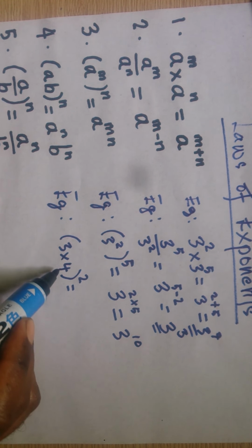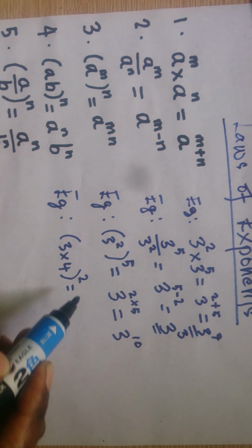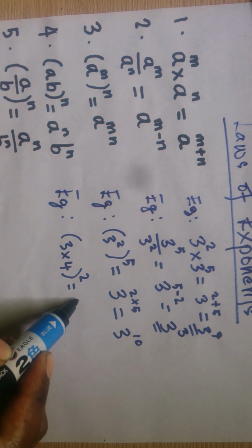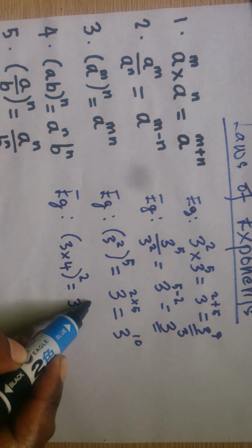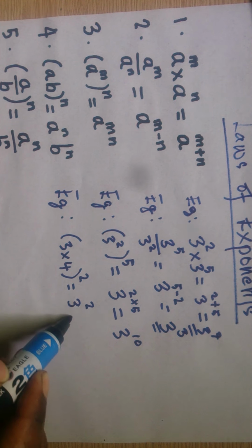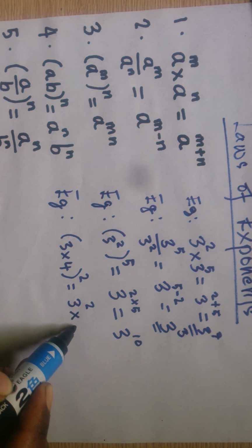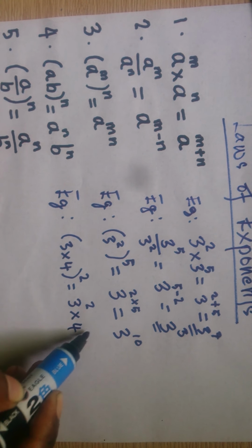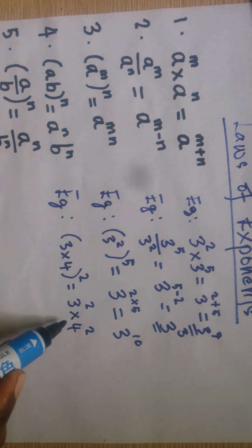So we have a product inside the bracket and both factors are raised to the same power. So in such case, we can raise each factor to the same power. So 3 raised to 2 times 4 raised to 2.